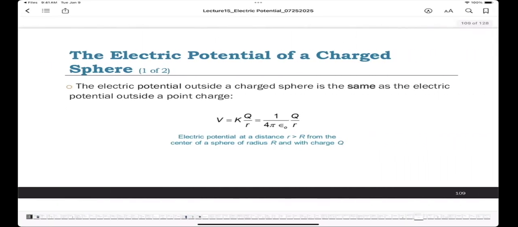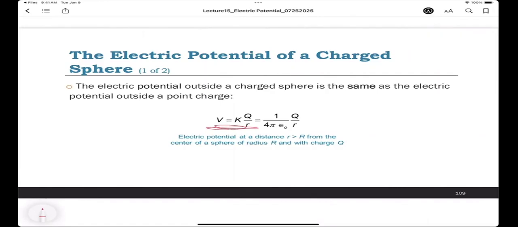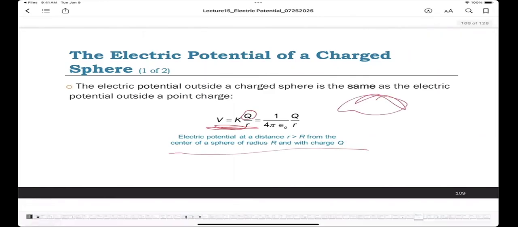Okay, let's talk about the electric potential of a charged sphere. The electric potential outside a charged sphere is the same as the electric potential outside a point charge, using this equation, KQ over r. Here Q is the charge of the sphere. You can use this equation to calculate it.